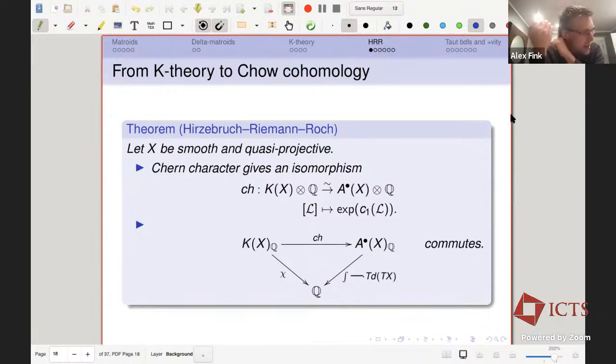Well, there is a classical answer to this, which is the Hirzebruch-Riemann-Roch theorem, which I've written down here. It says, in fact, for any smooth quasi-projective variety X, there is an isomorphism between these two rings, the K-ring and the Chow ring, once I tensor by Q. And the isomorphism sends a line bundle to the exponential of its Chern class.